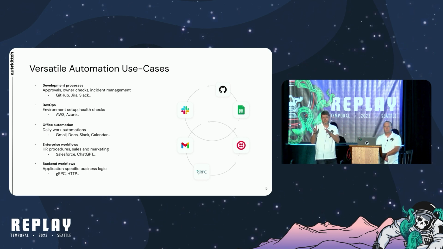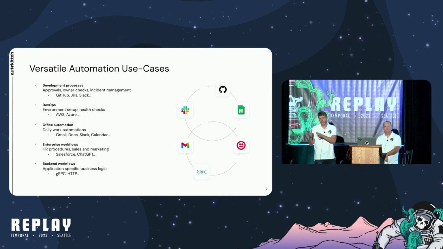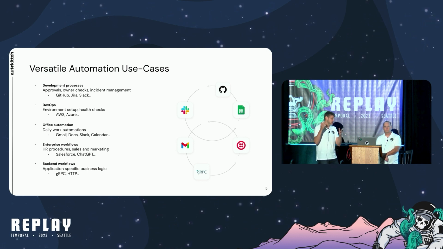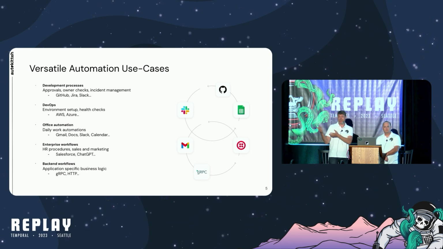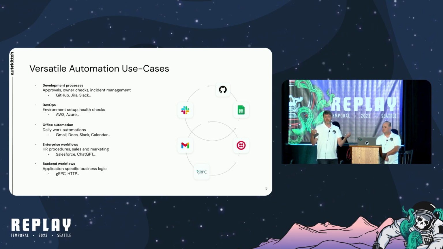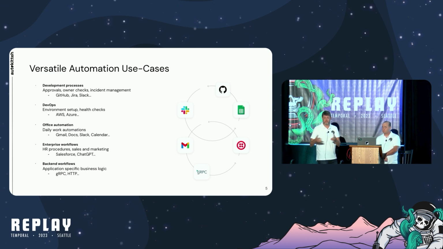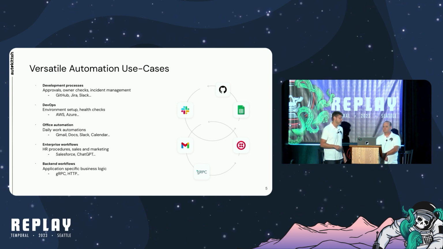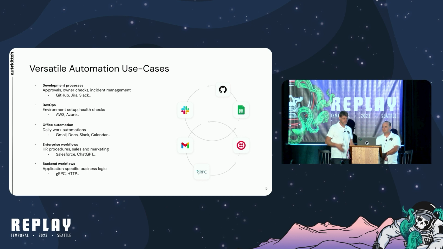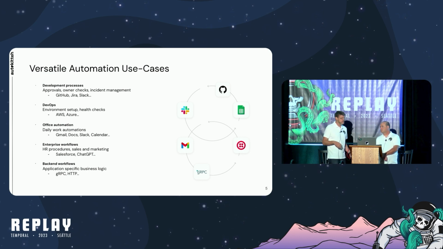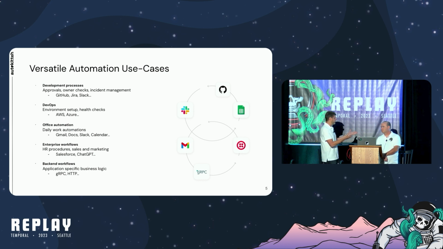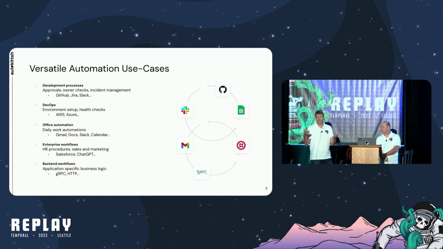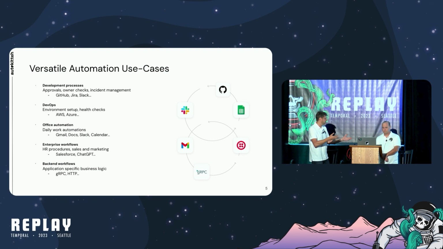Each has its own problem to run workflows which are also reliable and so on. It can be office automation, or it can be even enterprise workflows. Many of them can be durable, right? Using even internal tools like Salesforce and even ChatGPT. And of course, you can always build your own workflows, even using gRPC and HTTP, and they have to be durable, right? Yeah.